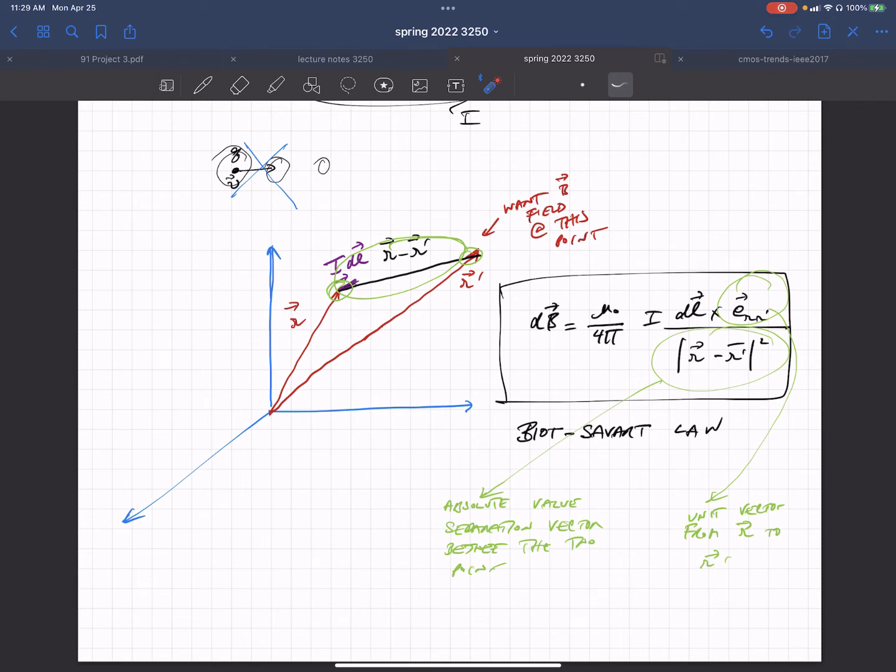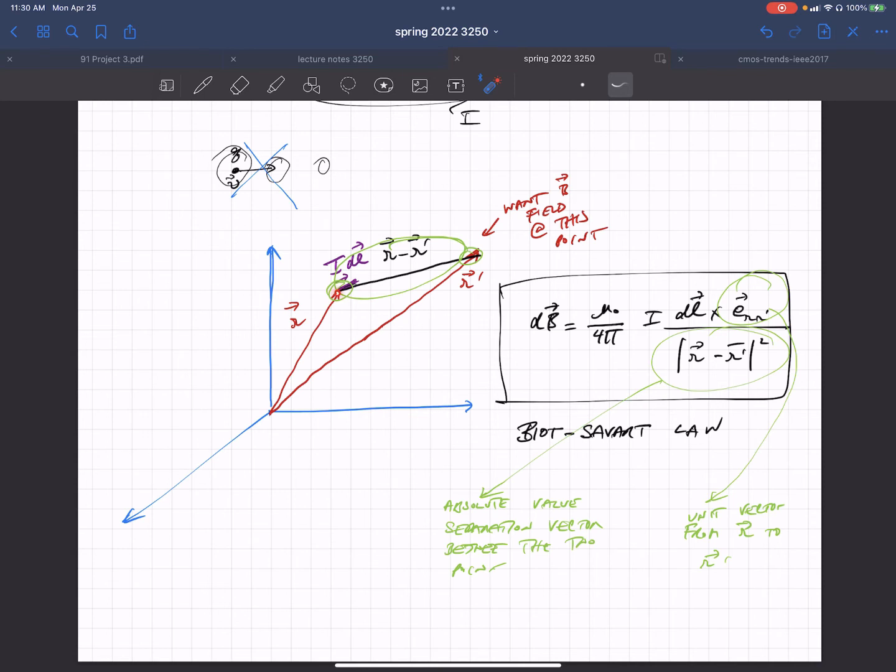So again, I'd like to point out, beware, this is part of the reason why magnetism has always been more difficult for me to get a feel for. You can see this has cross products. If you remember, for the case of an electrostatic field, the charge would be sitting here, there wouldn't be a vector associated with the charge, it would just be a location.